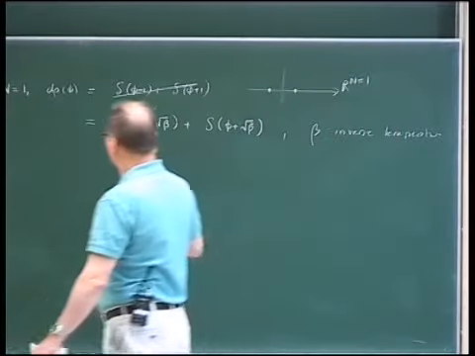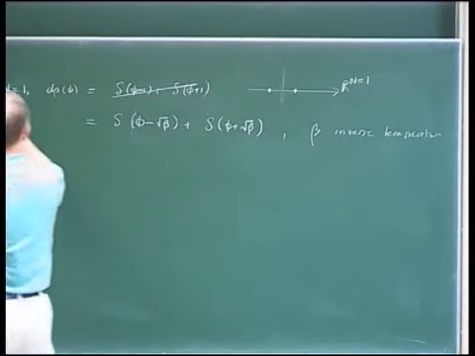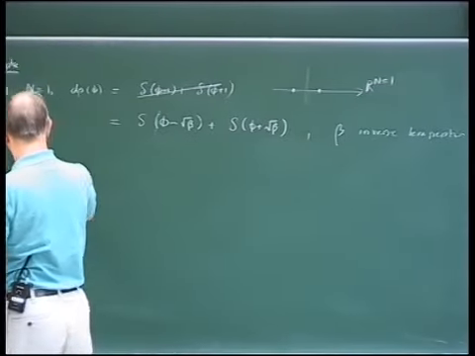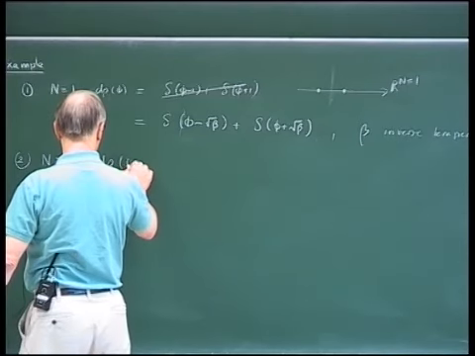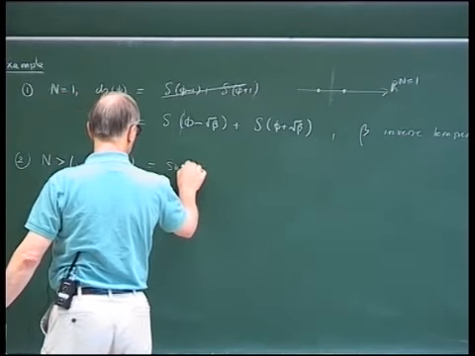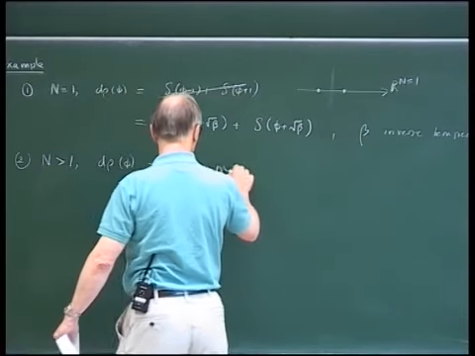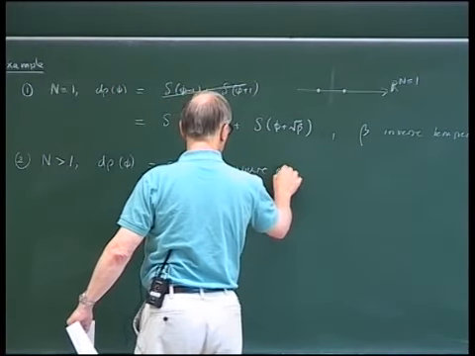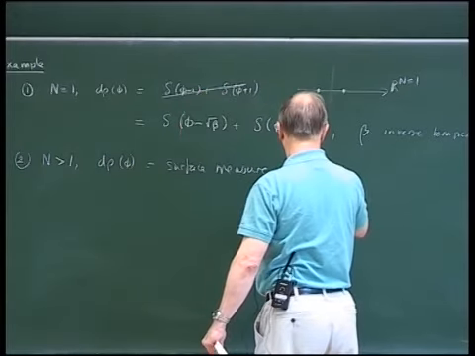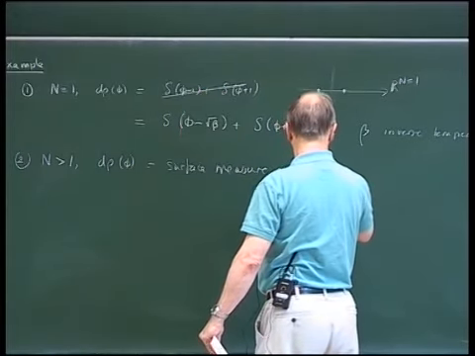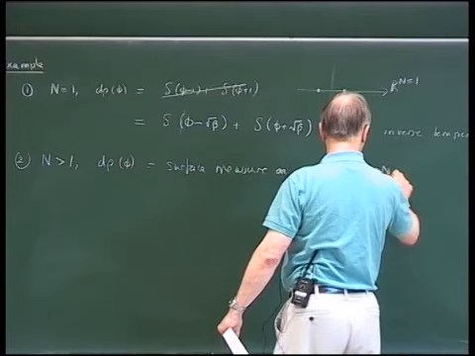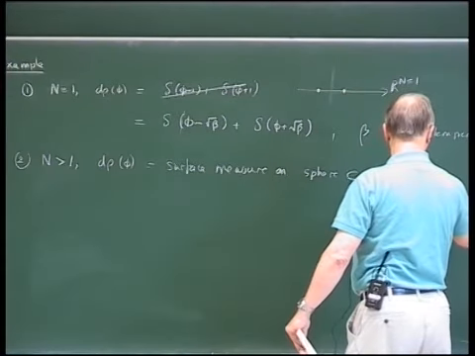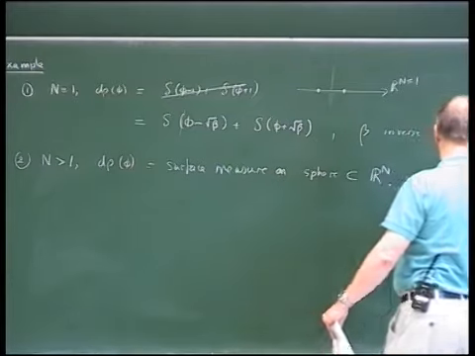Then a natural generalization is to just do the same thing as I have here in N bigger than 1. And then you'd have d rho of phi is surface measure or surface area on a sphere inside R^N with radius, again, root beta.